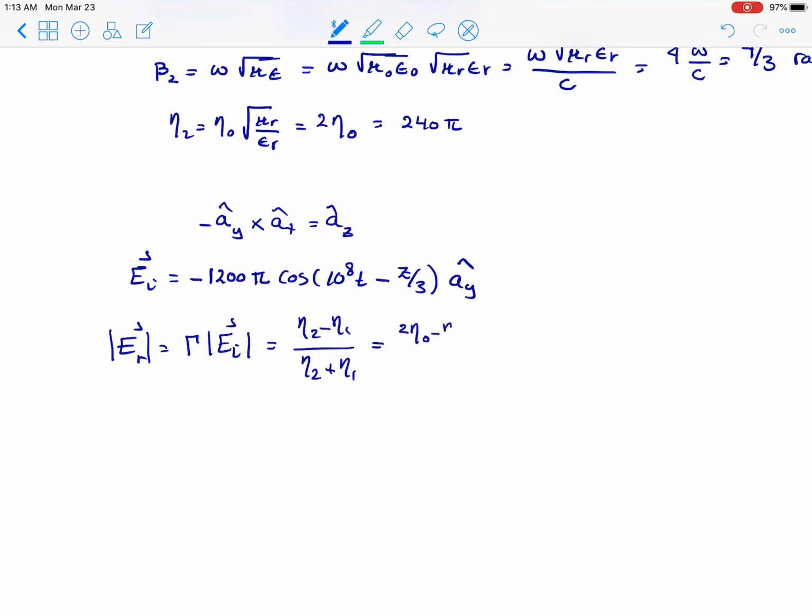So the reflection coefficient here would be 2 eta naught minus eta naught divided by 2 eta naught plus eta naught, which is 1/3. So 1/3 of the field, which means 1/9 of the power, is reflected.